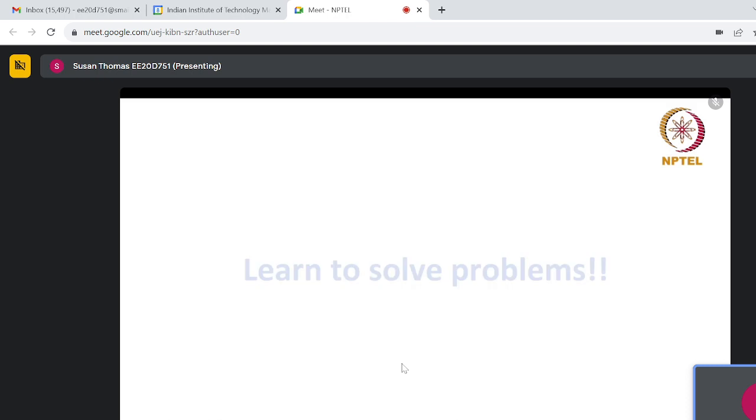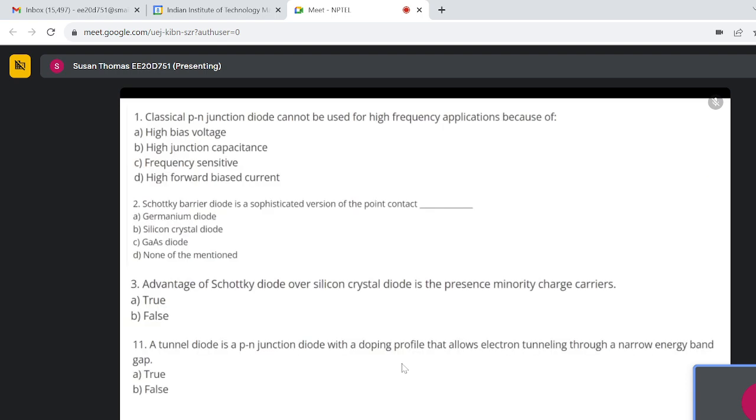These are some of the things I wanted to mention in the beginning. But let's move on to some of the MCQs. I really request you all to put in an effort to type in the answers, or you can unmute yourself and say the answers.